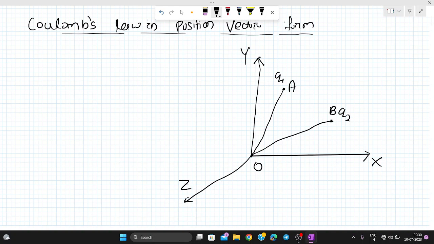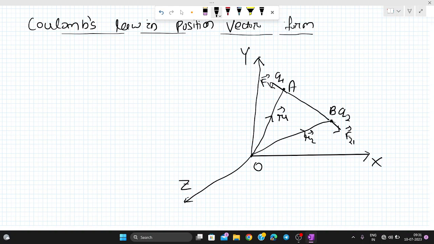This one is your r1 vector, this one is your r2 vector, and the force acting on q1 is F12, the force acting on q2 is F21.